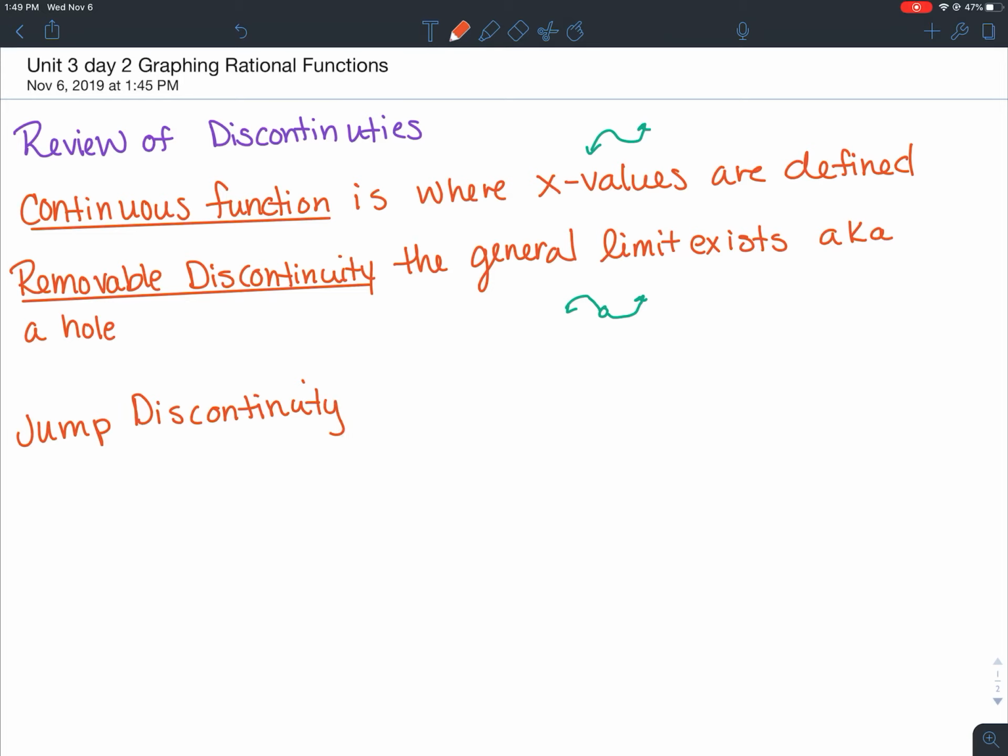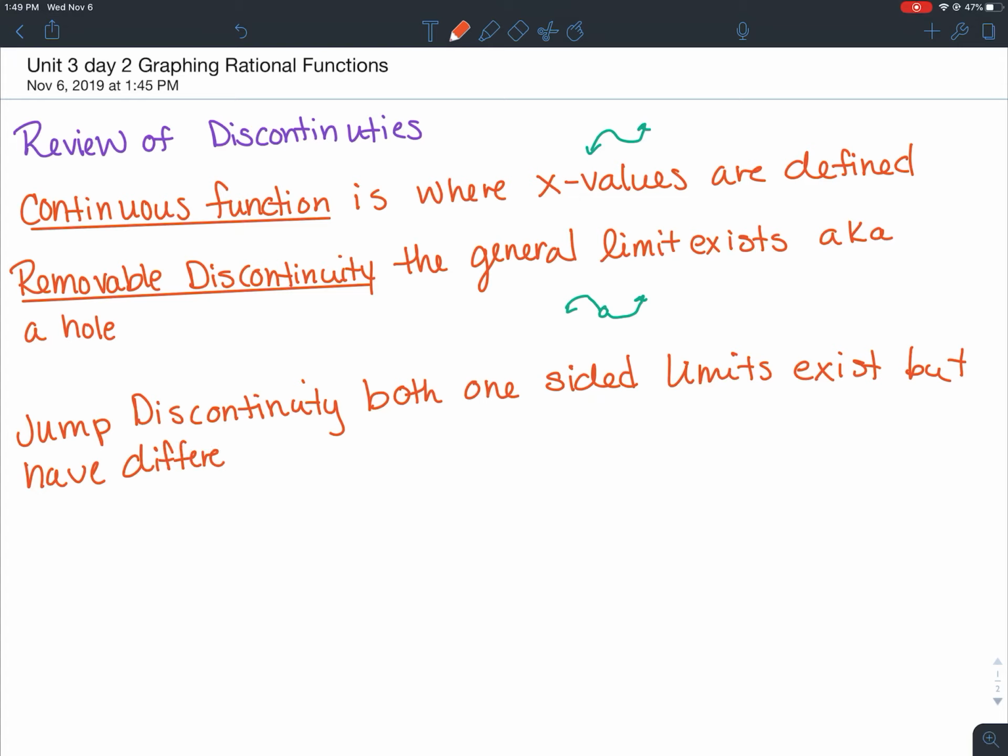And that is where both one-sided limits exist, but have different values. So both one-sided limits exist, but there's a different value for both.